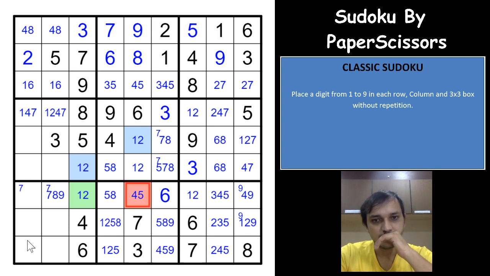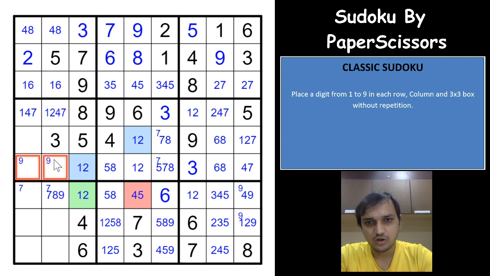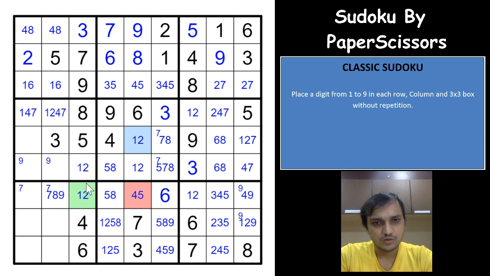Okay, I see something again. So 9 in these two cells would have to be here in this box. 5, 3. I see something again with 1 and 2. I will just remove the older things, and let me say I have something again.